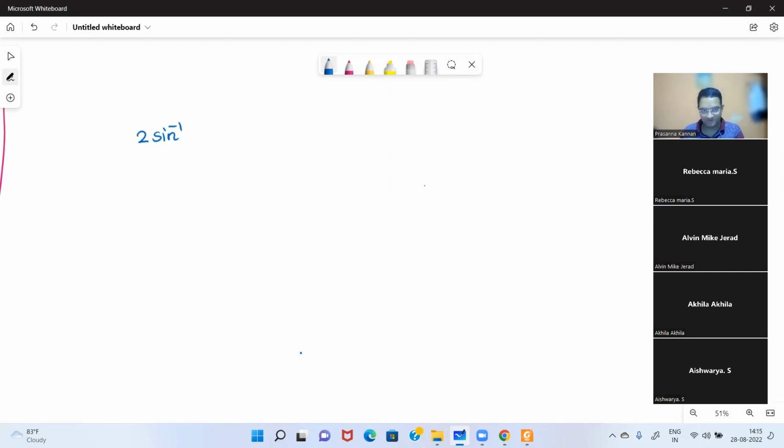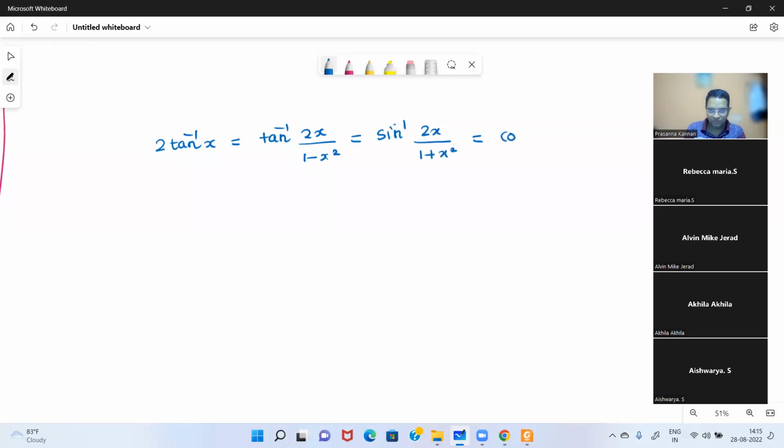We had seen 2 tan inverse x, we can write it as tan inverse of 2x by 1 minus x square, which can be written as sin inverse of 2x divided by 1 plus x square. We can also write it as cos inverse of 1 minus x square divided by 1 plus x square.